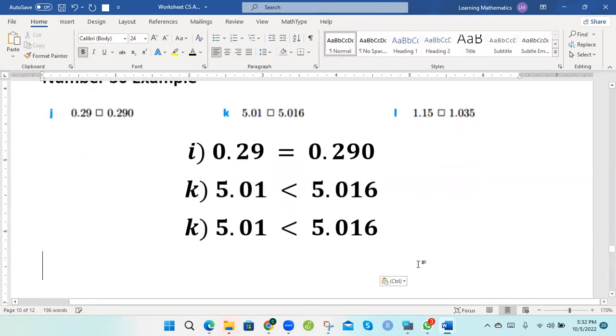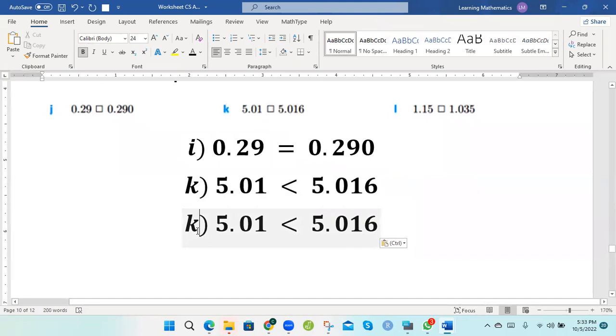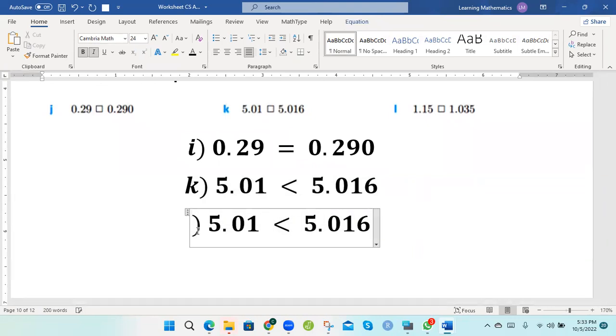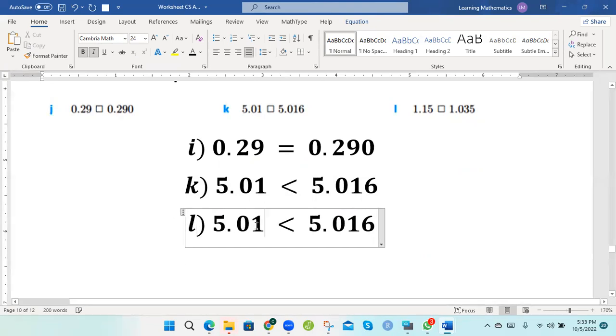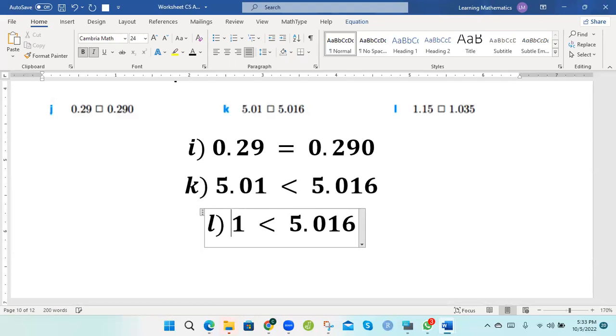Let's do B. We are talking about 1.15, and we're also talking about 1.035.